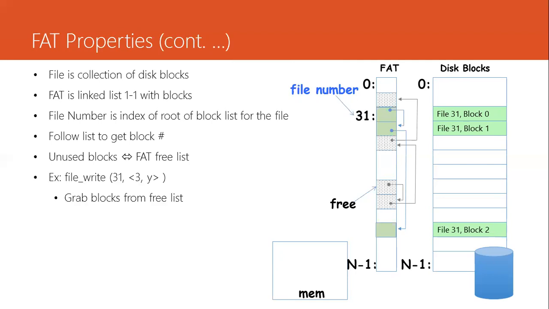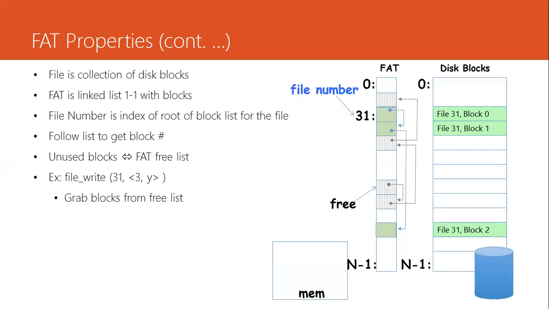So what about the write operation? Let's actually see that working. When we want to write block 3 to this file, file 31, how does the FAT file system manage this and write block 3 to the file? Well, first of all, there is no block 3.